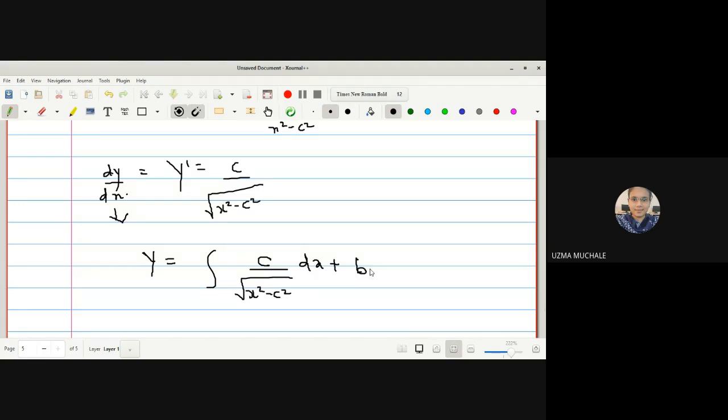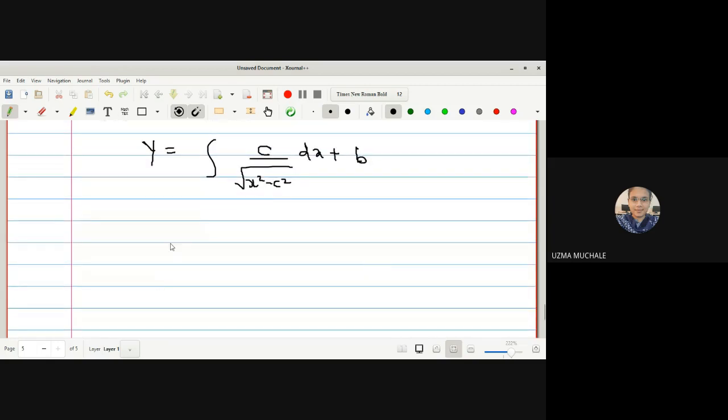Now, can anyone tell me what is integration of this term? Hyperbolic cos inverse of x upon c, integration of this term, plus b as it is. Correct.